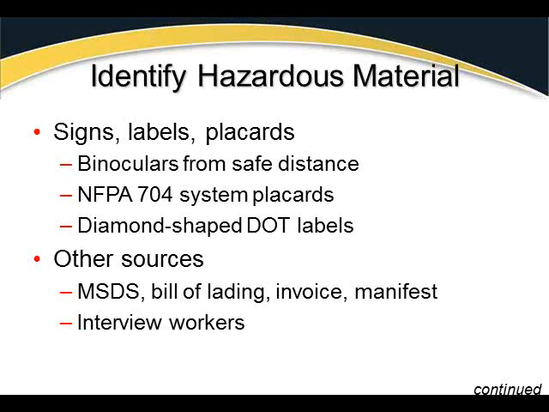When can we identify the substance? We can identify that substance using a couple of resources: binoculars, the NFPA placard system, and then the diamond-shaped DOT labels, which you can identify several of these on pages 1010, 1011 in your textbook.